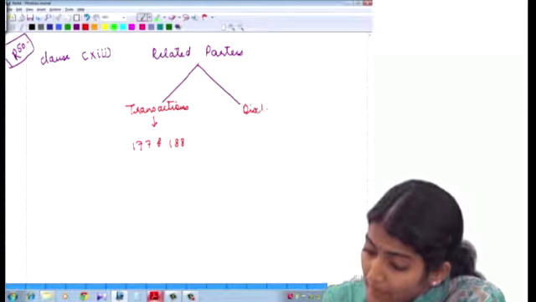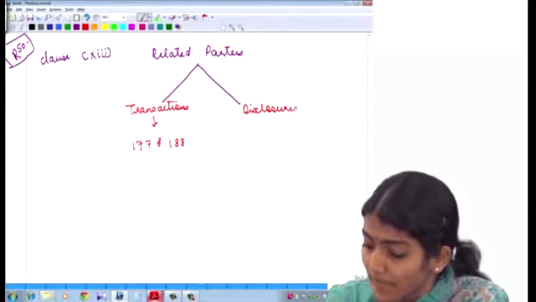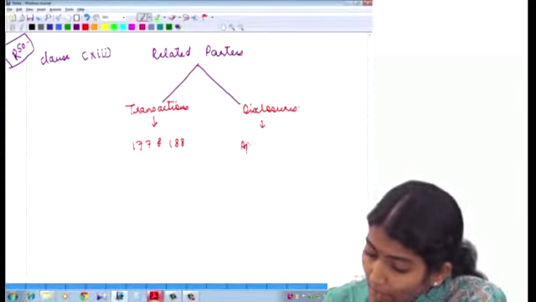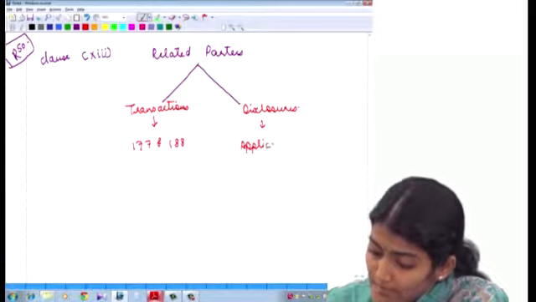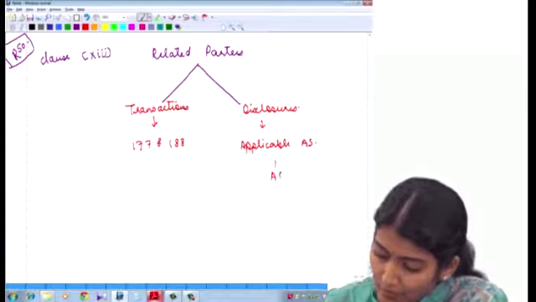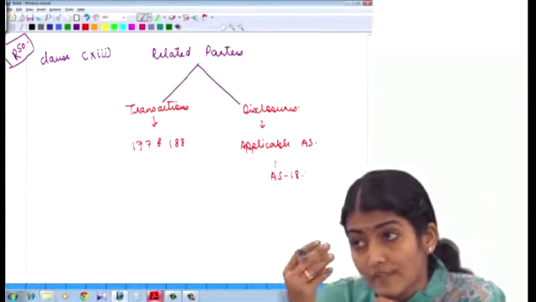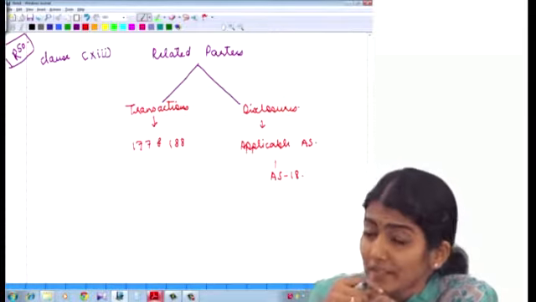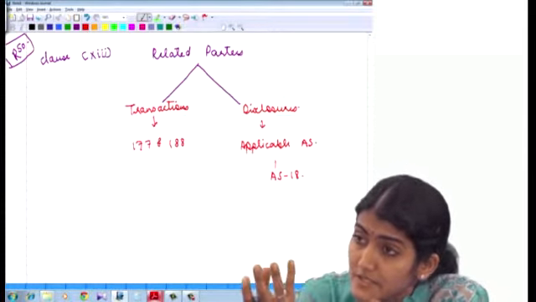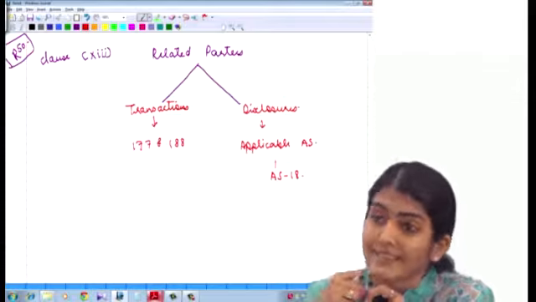And second, whether the disclosures have been done in accordance with the applicable accounting standards. Obviously, the applicable accounting standard over here is going to be AS 18. So whether transactions are in accordance with 177, 188 and disclosures are in accordance with the AS.